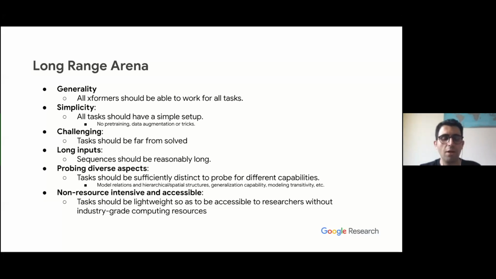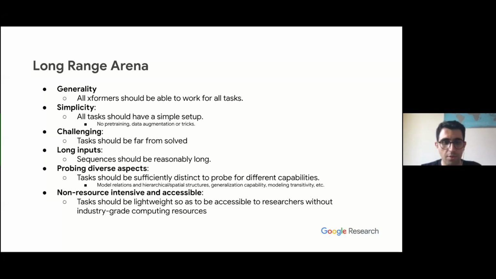We wanted these tasks to be challenging, so we didn't want a task that transformers solve with 99% accuracy, but something where there is still room for improvement. And we wanted them to be long, which was the key point of this whole benchmark.